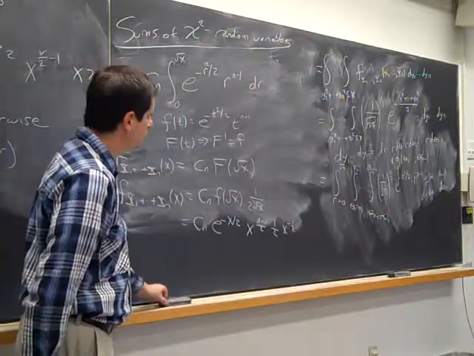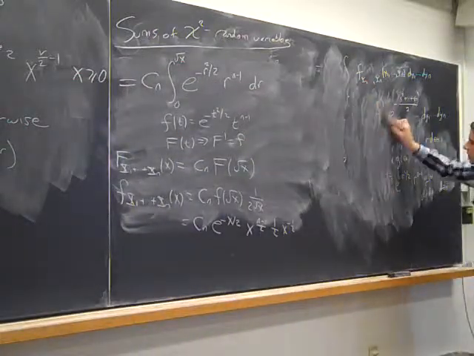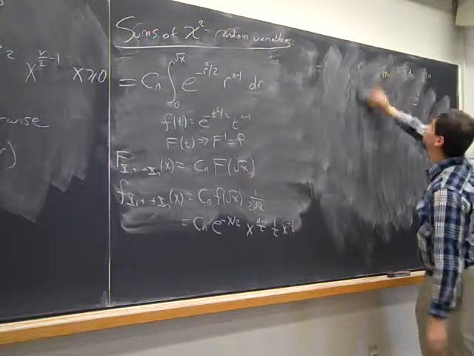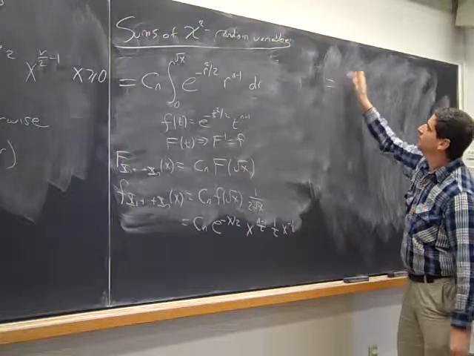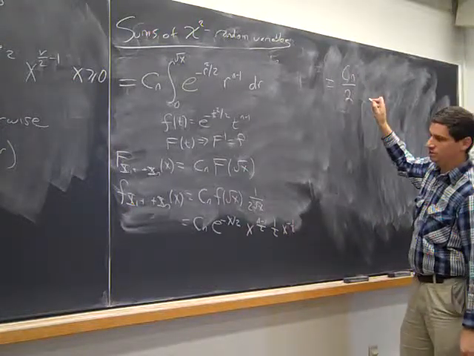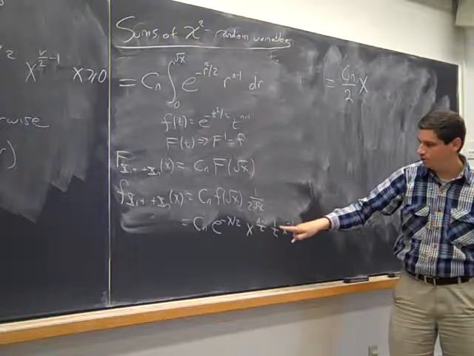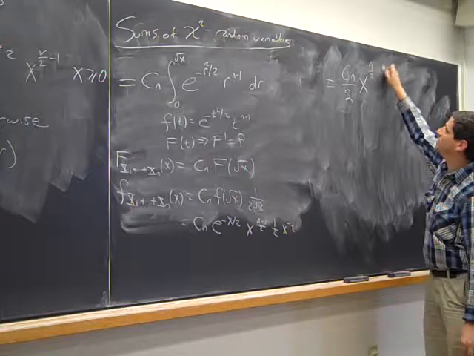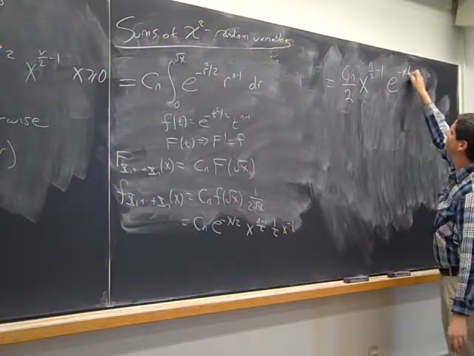This is where I wish the blackboard was just a little bit bigger. So what we'll do is put the 1/2 in with the Cn, and we get Cn divided by 2, x to the n minus 1 over 2 minus 1/2, which is x to the n halves minus 1. This is nice. e to the negative x halves.